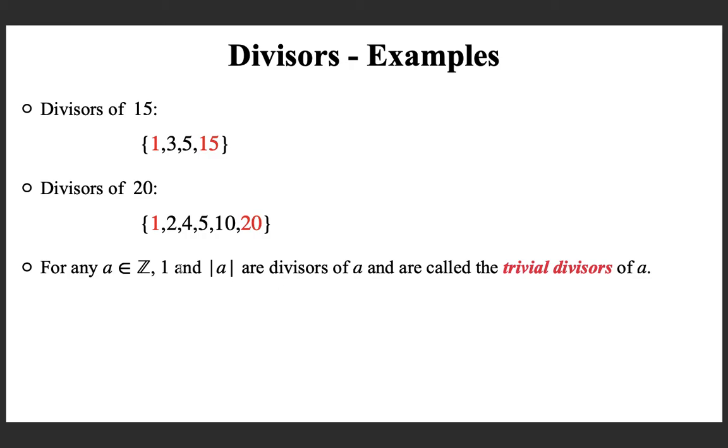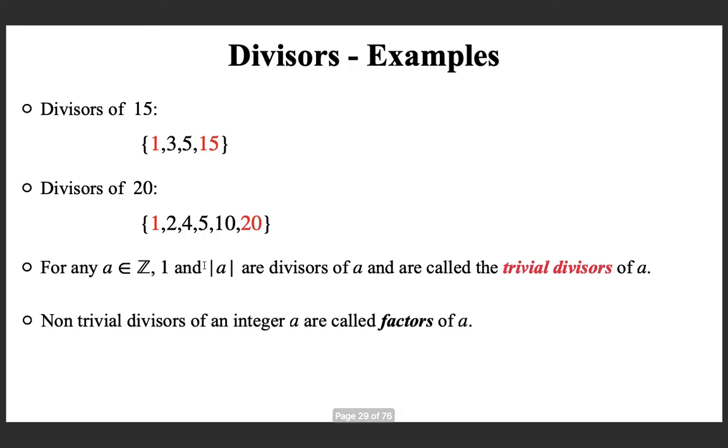For any a, it is true. And all other divisors other than trivial divisors are called factors of a number. So factors are non-trivial divisors. Example, factors of 20 are all those divisors other than 1 and 20.